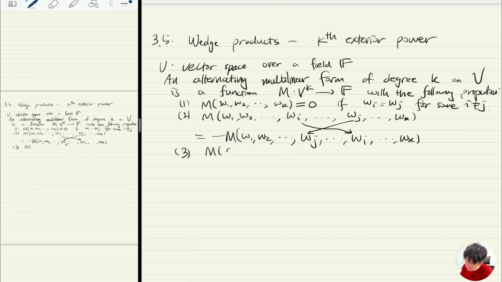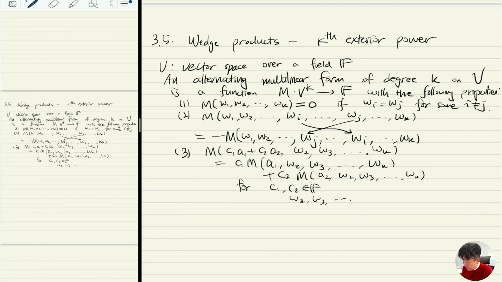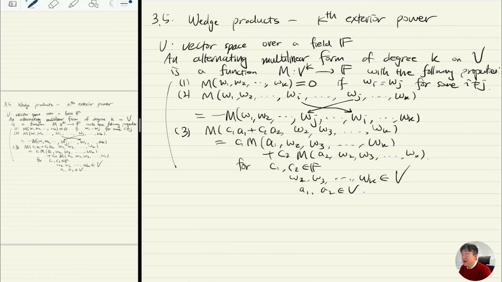So m of c1a1 + c2a2, w2, w3, ..., wk is equal to c1 m of a1, w2, w3, ..., wk plus c2 m of a2, w2, w3, ..., wk, for c1, c2 in F. These are functions, and these are vectors in V; a1, a2 are also vectors in V. So when you satisfy these three properties, then we call it an alternating multilinear form.